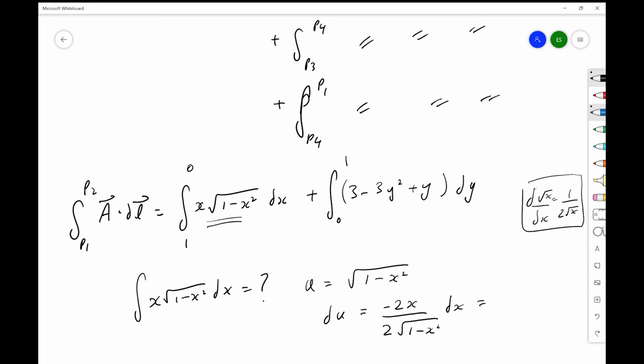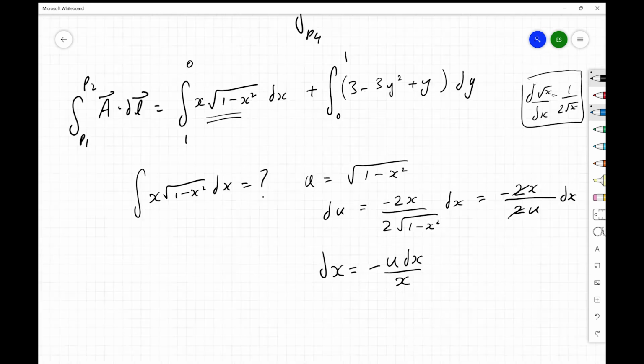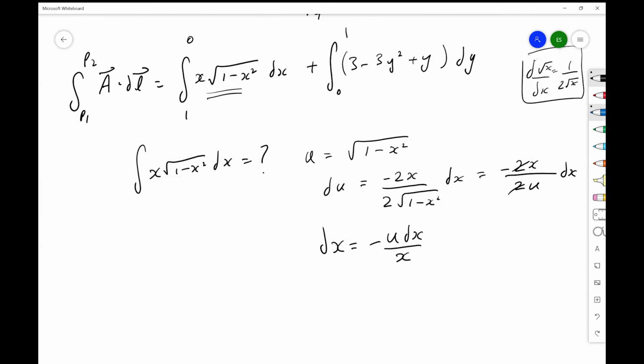But I know square root 1 minus x squared is u, right? So this is going to be minus 2x over 2u dx. 2 cancels with 2. So I end up with du being minus x dx over u, or dx being minus u du over x. So I continue the substitution.